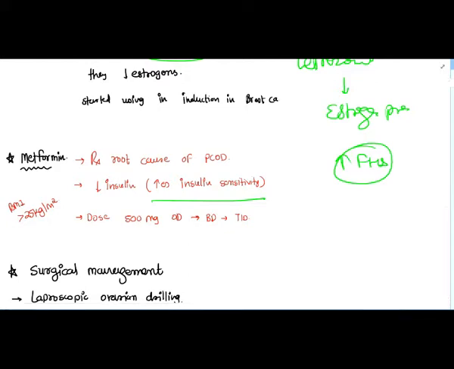So when the BMI is more than 25 kg per meter squared, we can use metformin, and the dose of metformin is 500 mg OD starting, followed by BD and followed by TID.